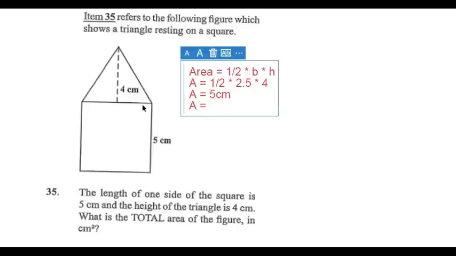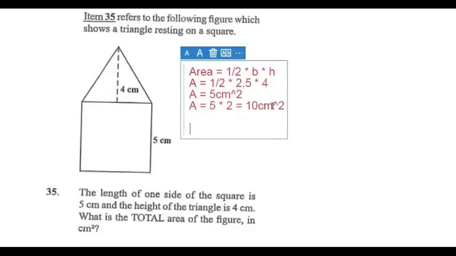Therefore the area for the two triangles that are listed on this diagram is 5 multiplied by 2, and that will give us 10 centimeter square.